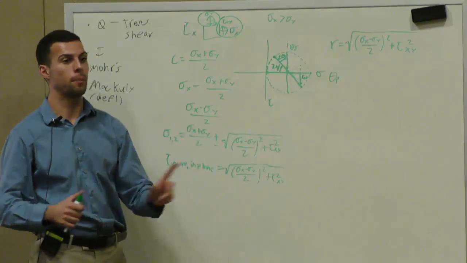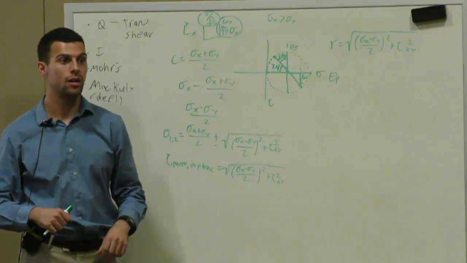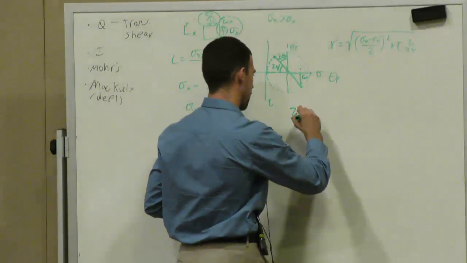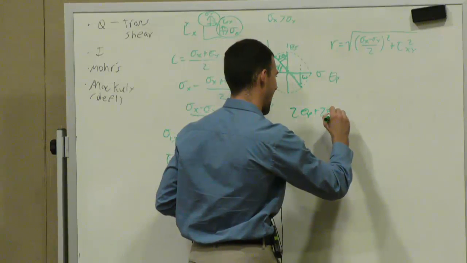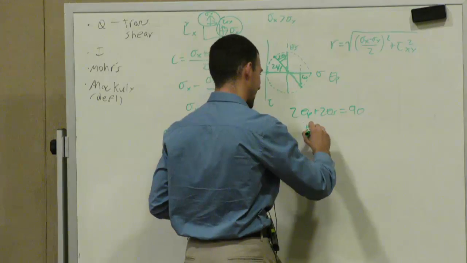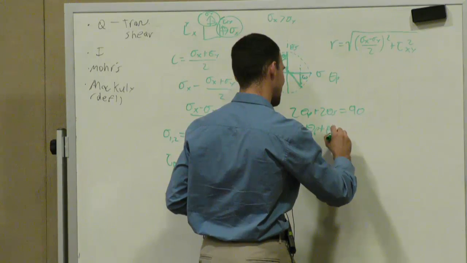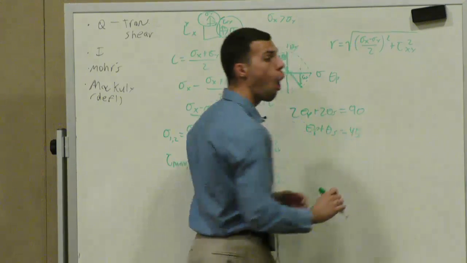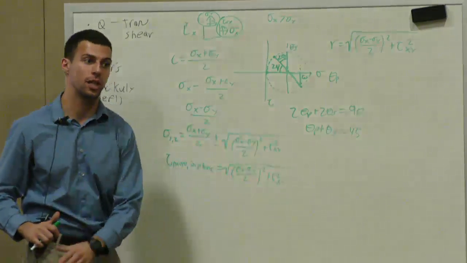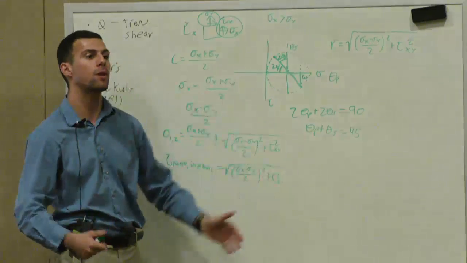So 2 theta p plus 2 theta s equals 90, so theta p plus theta s equals 45. Always. It doesn't matter what stresses you experience, it doesn't matter the material, it doesn't matter how much force you apply.